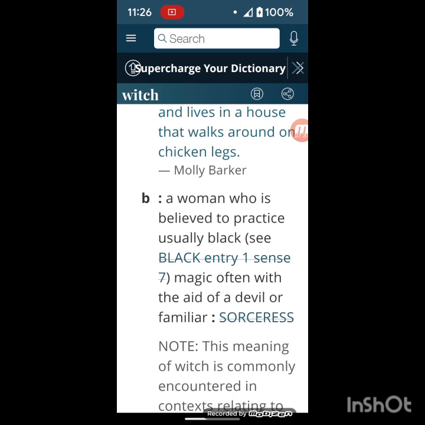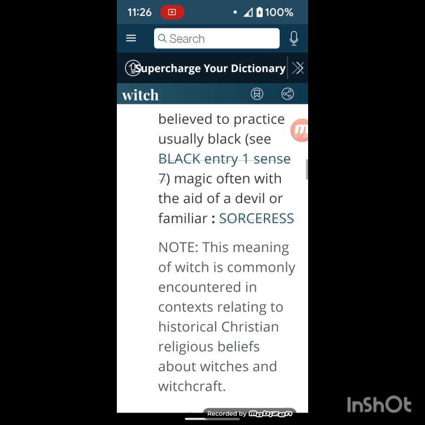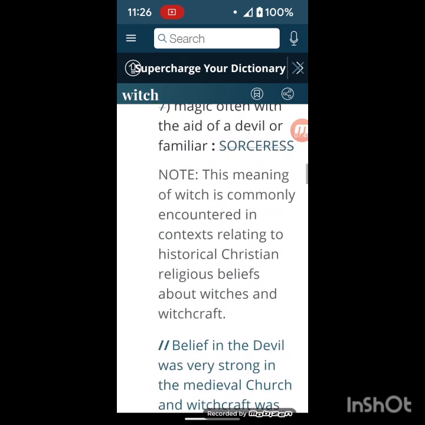That's familiar spirit, or sorceress. That's another name for witchcraft. And then here's a note here. It says, this meaning of witch is commonly encountered in texts relating to historical Christian religious beliefs about witches and witchcraft. And she's using the Bible to cast spells. Just foul, you know.